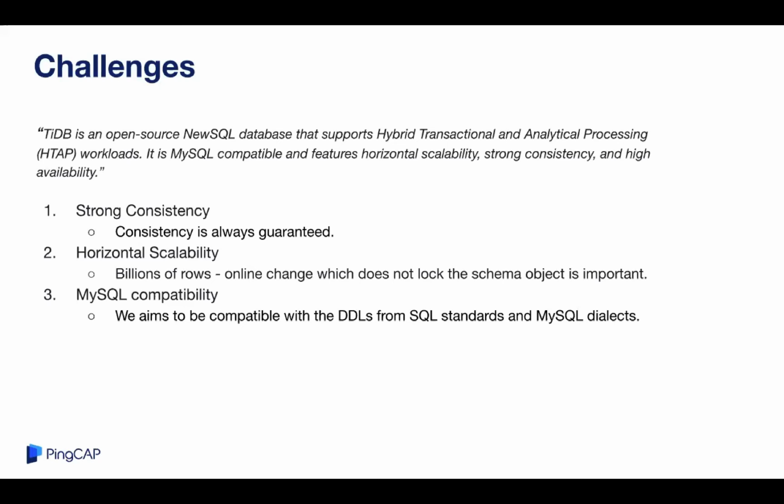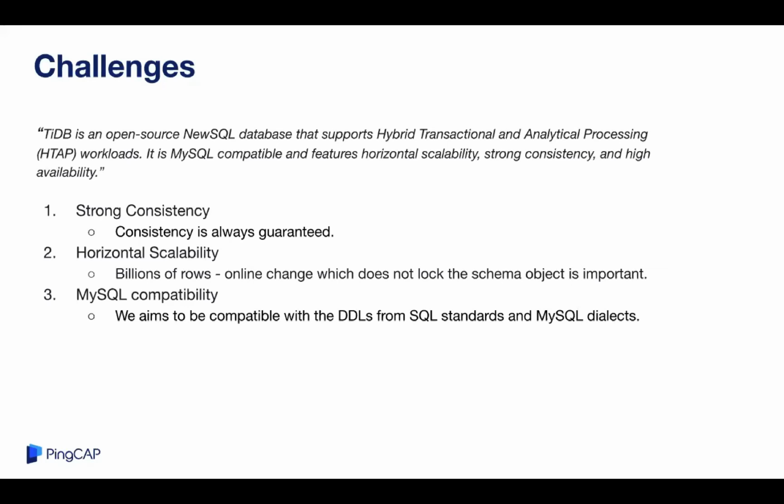Whenever you run a DDL job or a metadata schema change, we always need to guarantee that the data and the metadata will always be consistent. And the second one is horizontal scalability.